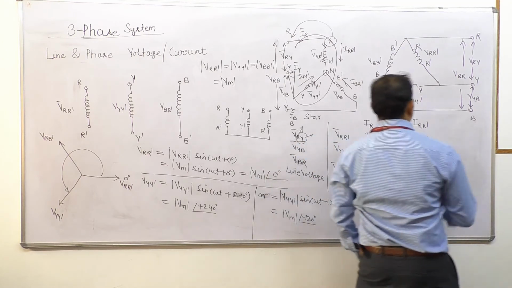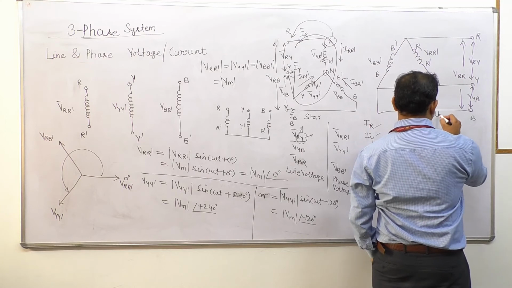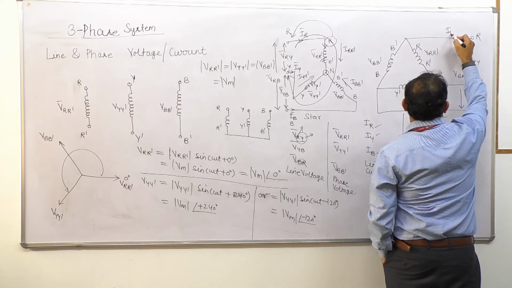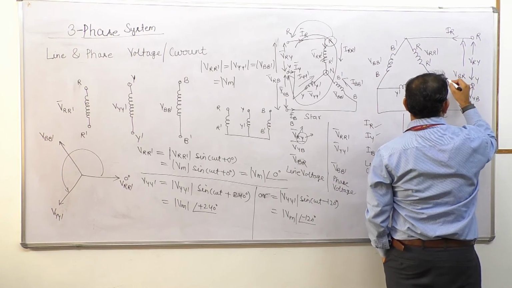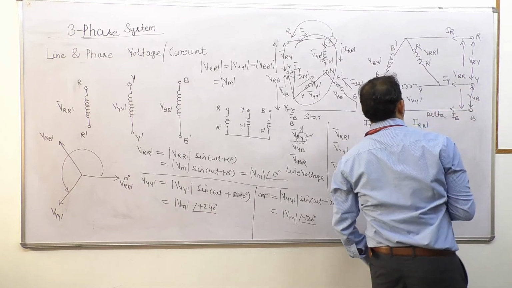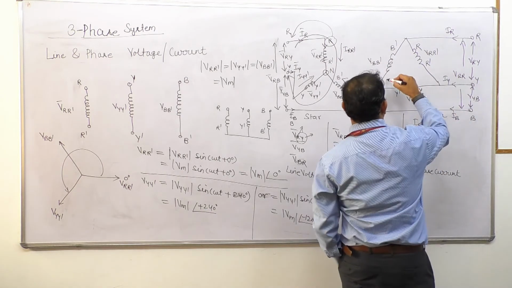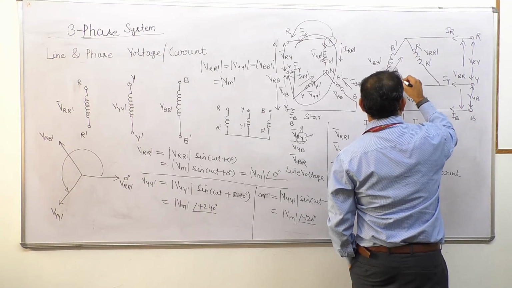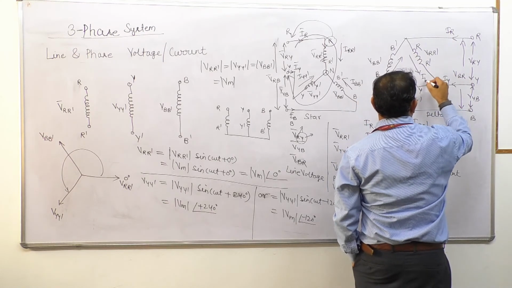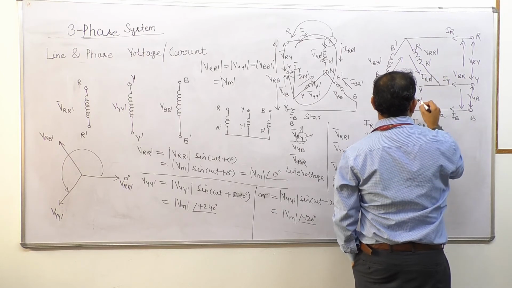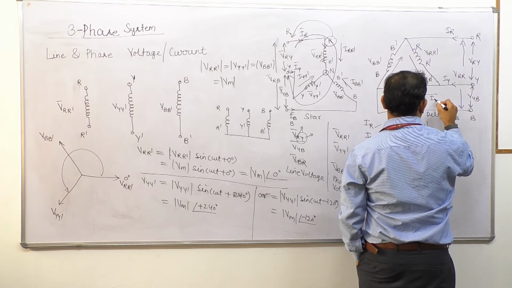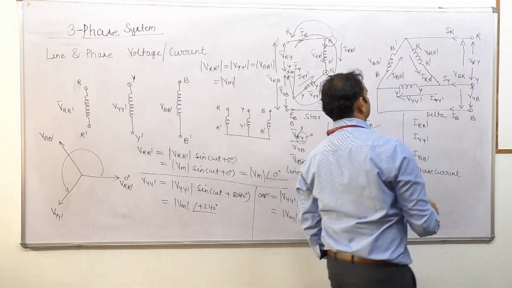In case of delta, here IR, IY, IB, and here IBB dash, IRR dash, and here IYY dash.